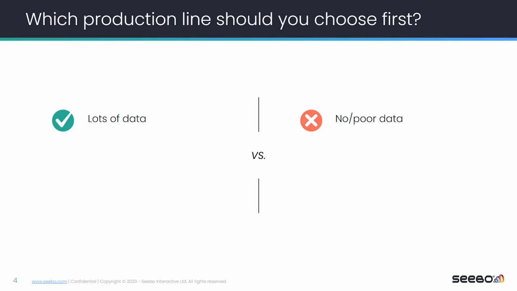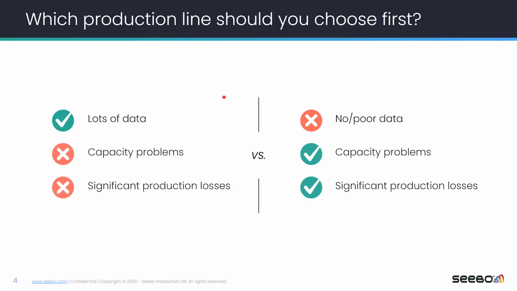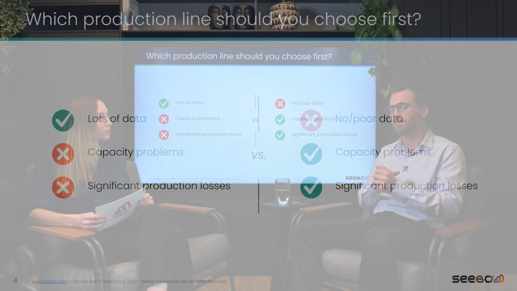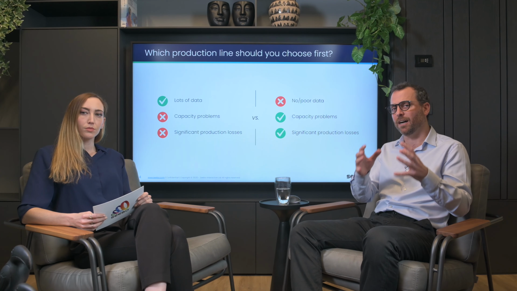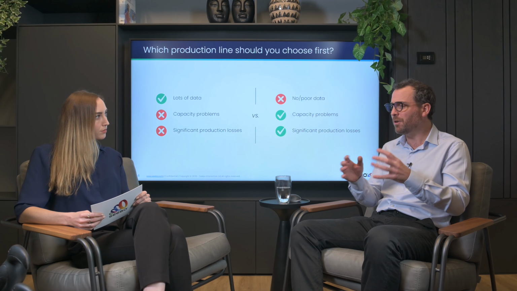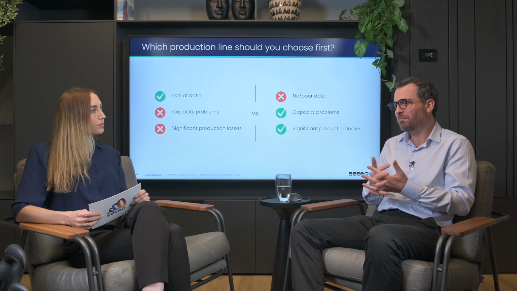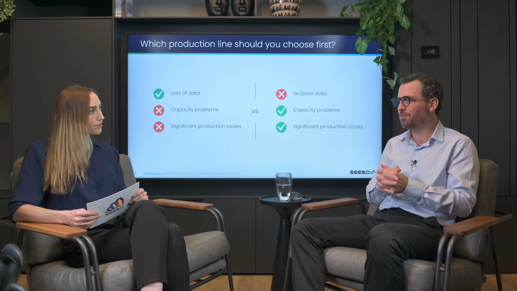Now, for the first production line, I don't have capacity problems, and I don't have losses to solve. The other production line is actually a critical production line for the business. It has a major capacity challenge, there is good demand from the market, and on the other hand, there are big losses. There is big saving to do. So if I start with the first production line, I will succeed with my analysis, but no one would care about it.